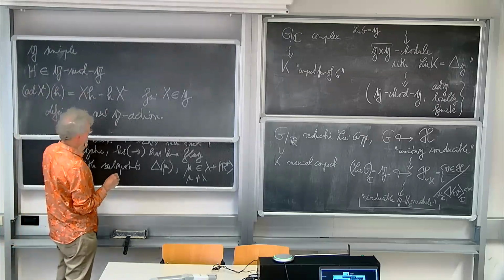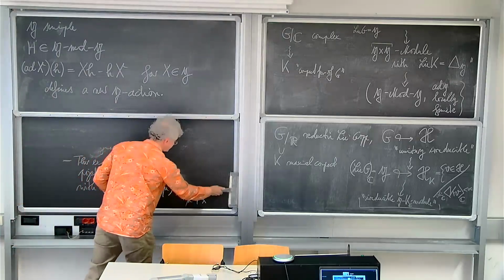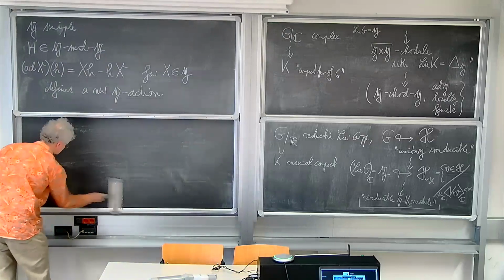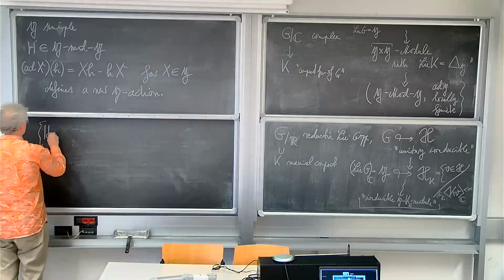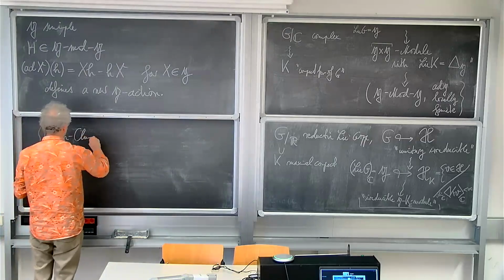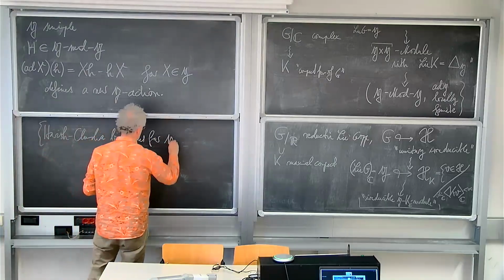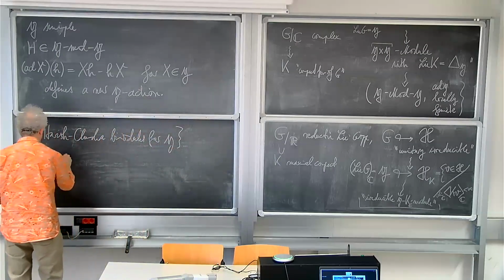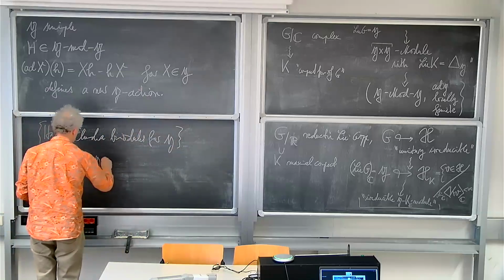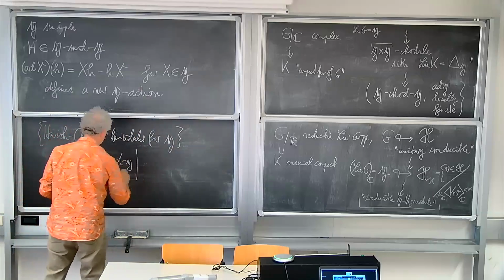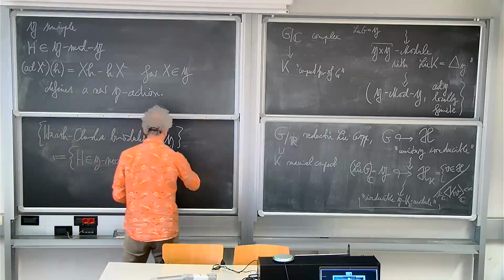And these Harishchandra bimodules for g are defined to be all bimodules which are locally finite for the adjoint action of g, and there should be finite length.